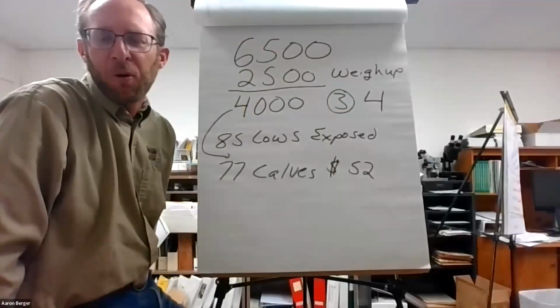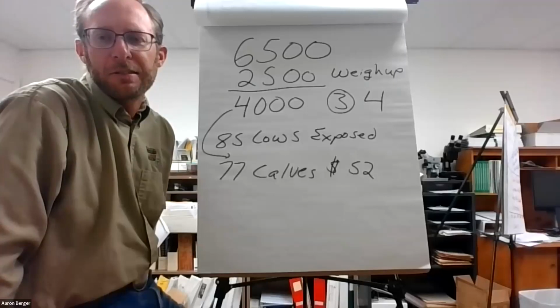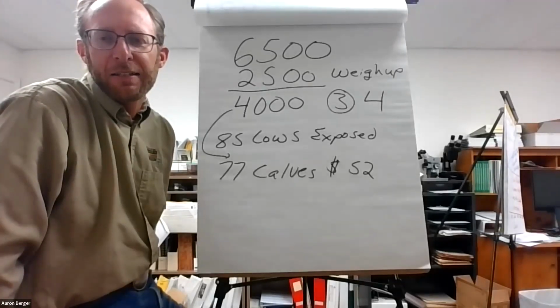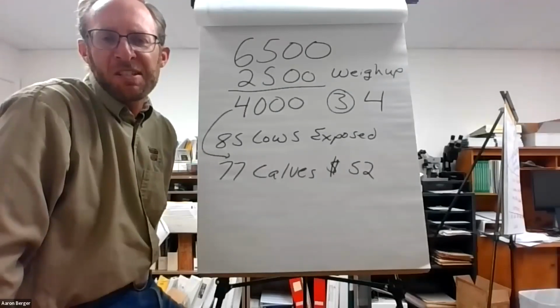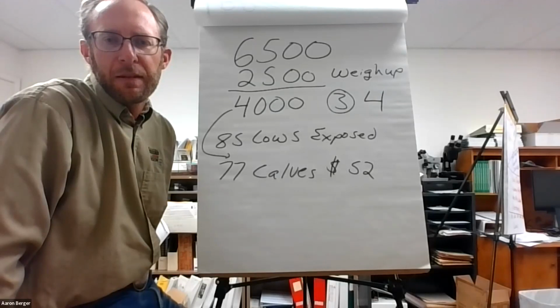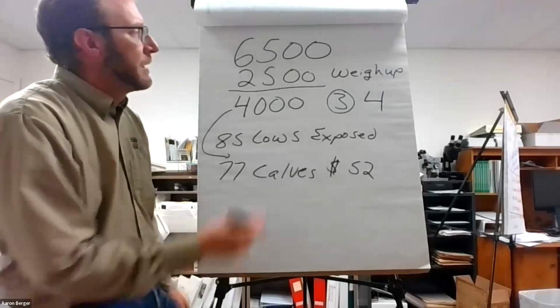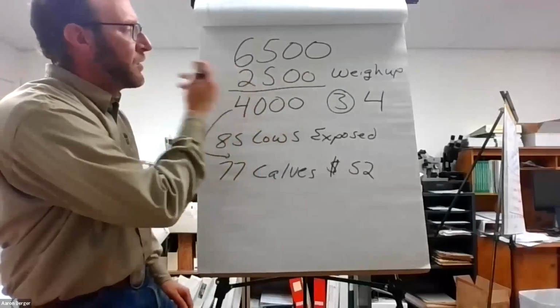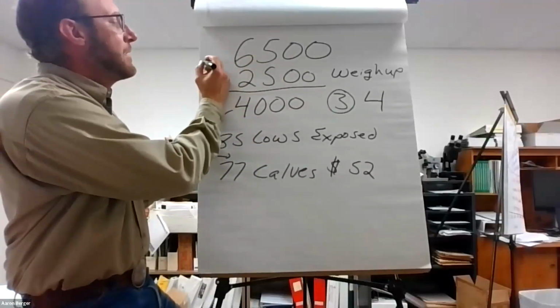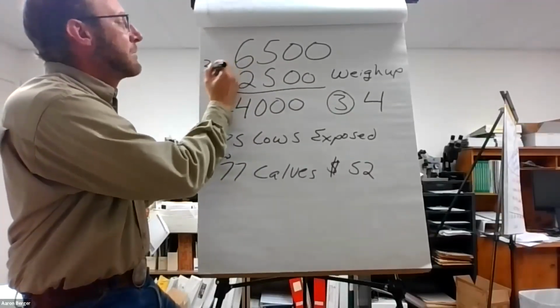Oh, wait, but does every bull get back to the sale barn? Oh, nuts, right? Some of these bulls are going to die. Do you think 5% death loss on bull is reasonable? So let's just pick a number. Let's say over his life, he's worth 3,500 bucks.